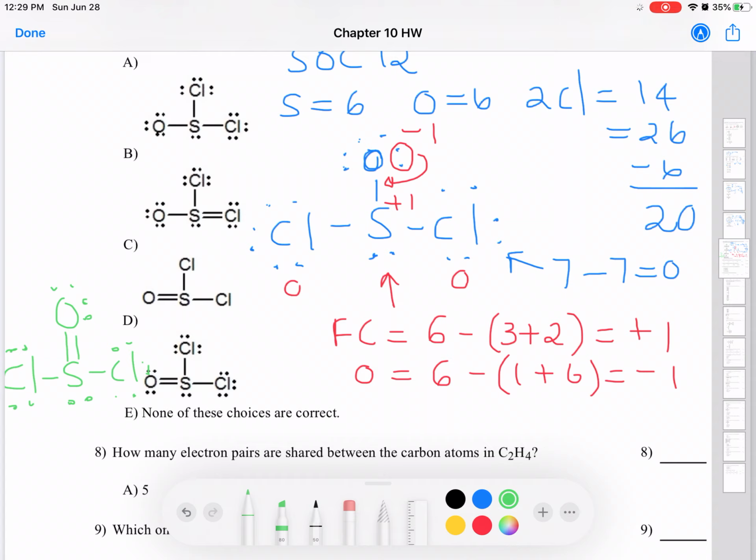And now the sulfur has 2, 4, 6, 8, 10, but that's okay because it can have more than 8 electrons. So minimizing the formal charge will make it the most correct Lewis structure, which is D. So this one over here.